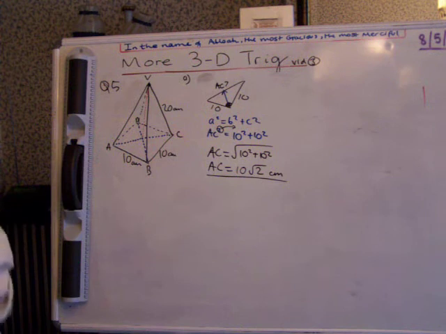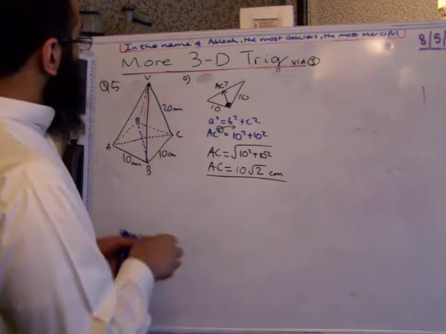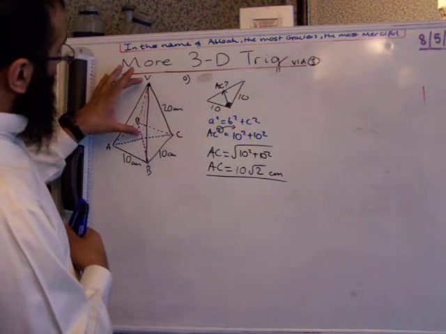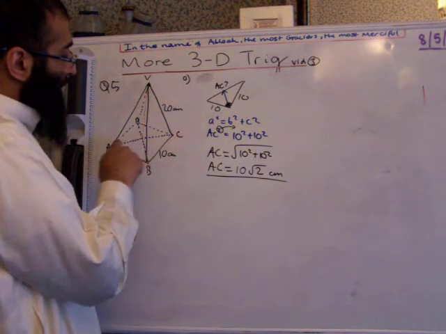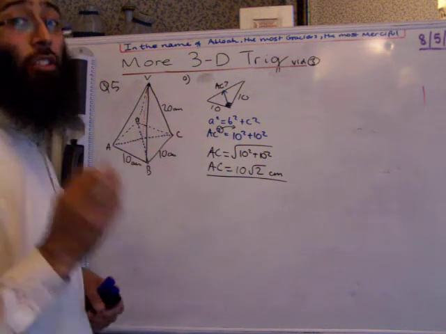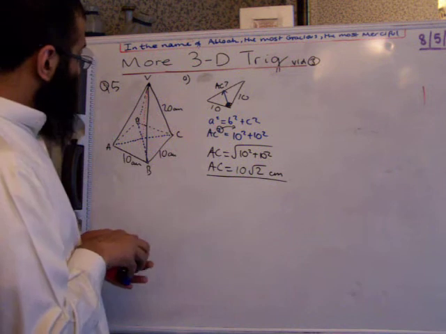Next was to work out the height of the pyramid. Now, the height of the pyramid is the red line over here. Don't forget, if it's going straight down, it will meet the bottom line AC at 90 degrees. So again, this part here will be 90.